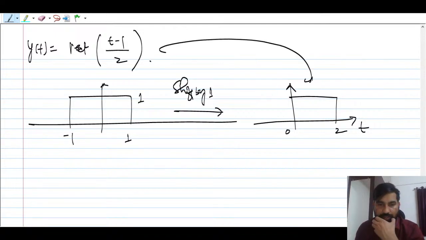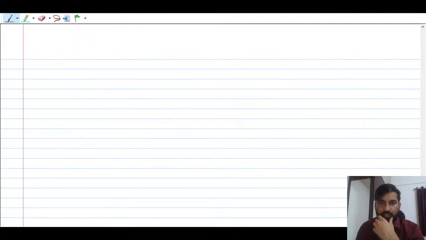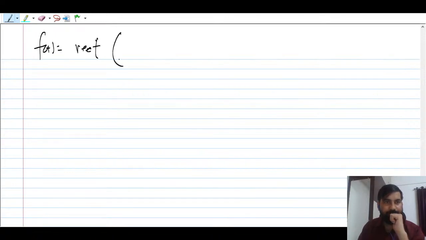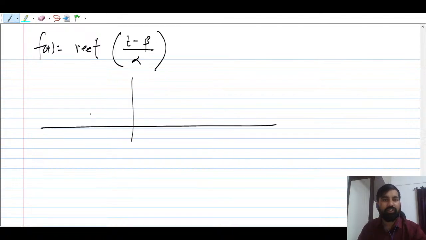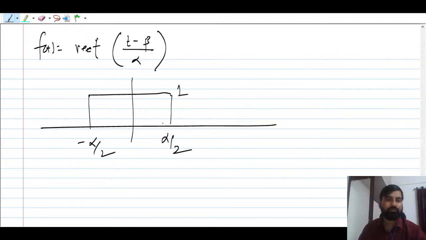Now, always remember, in general, suppose they are saying that f(t) equals rectangular (t minus beta) by alpha. You can plot this. First you plot this from minus alpha by 2 to alpha by 2, then you shift by beta.